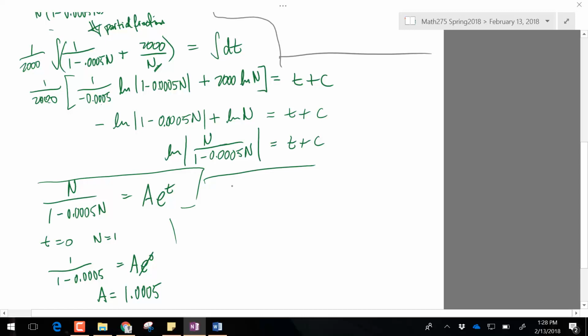All right. So we have n over 1 minus 0.0005n is equal to 1.0005 e to the t. How much did we round the a to?